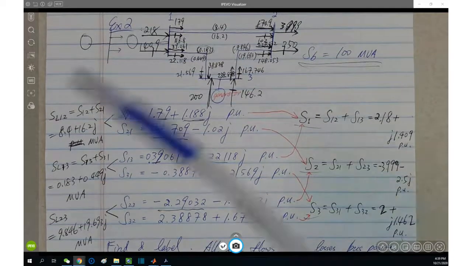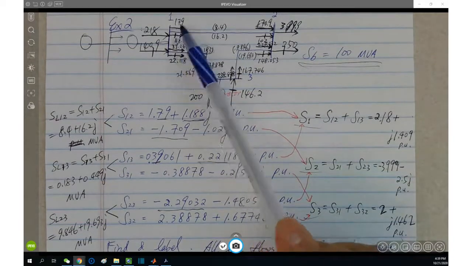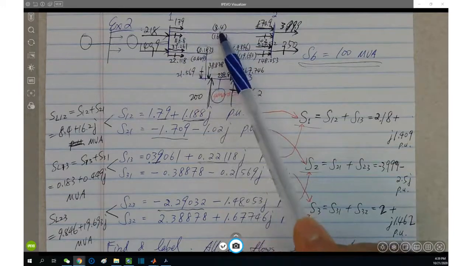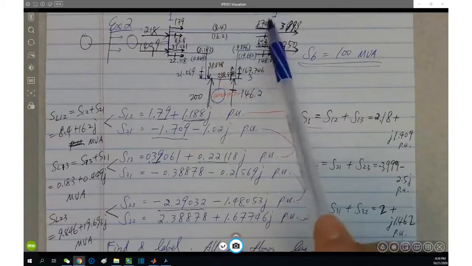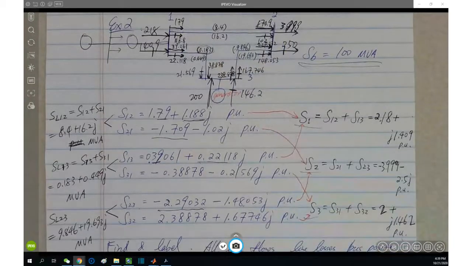For example, given this S12 and line loss S12, you can easily find the S21, right? You don't have to use V2 times I12 conjugate. Does it make sense? All right. Any more questions?